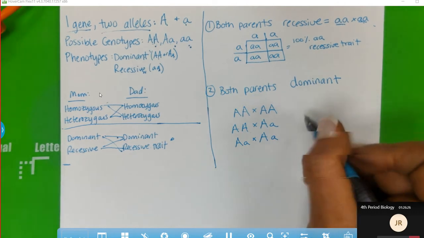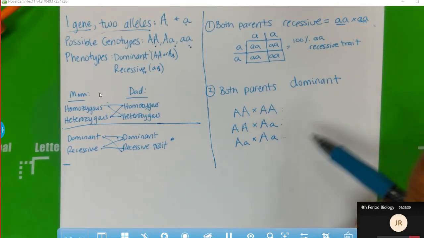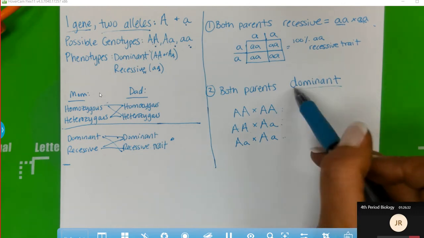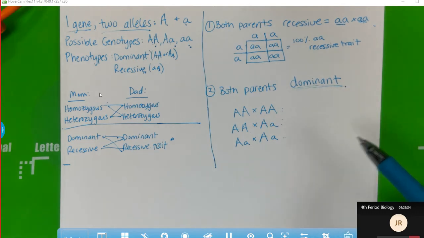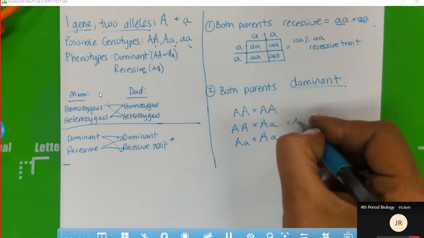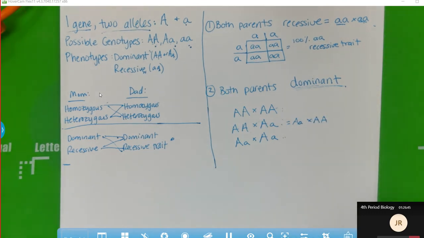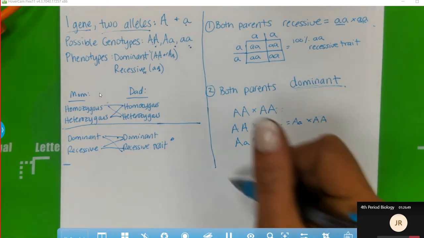So take a second and just confirm with yourself that these are the only 3 different combinations if both parents show the dominant phenotype. This is the same as writing big A, that times that. It doesn't matter what order you write them in. So those are the only possibilities for both parents dominant.